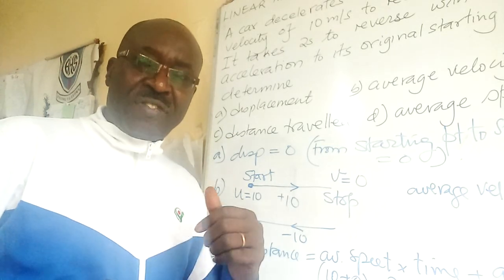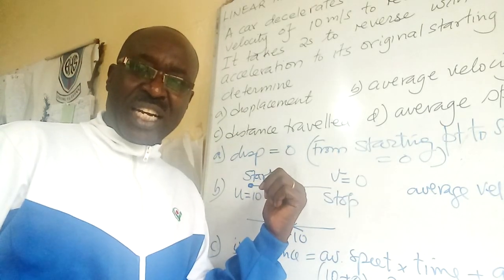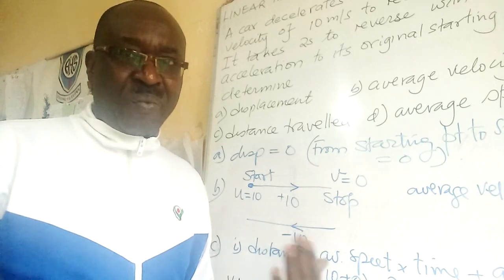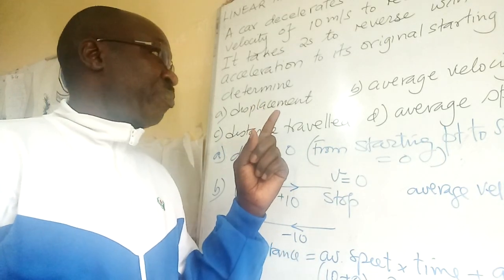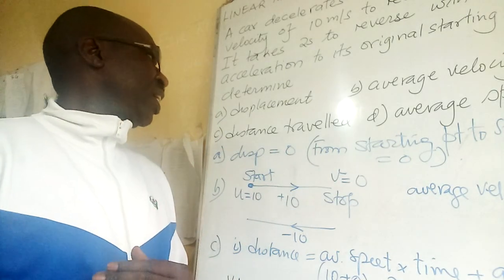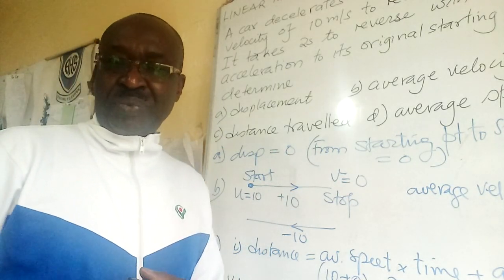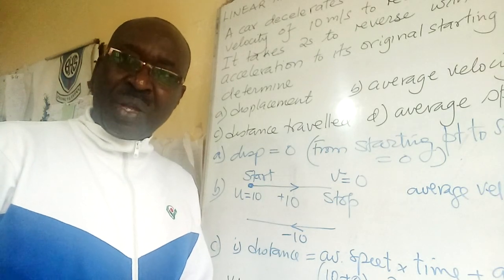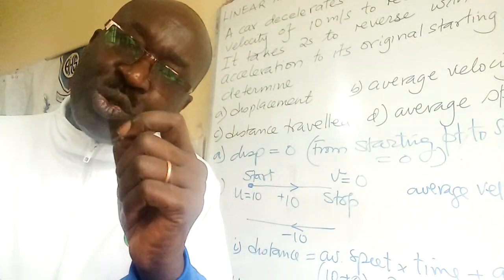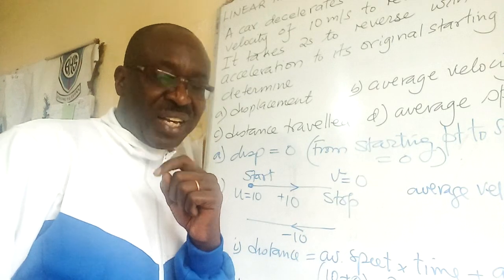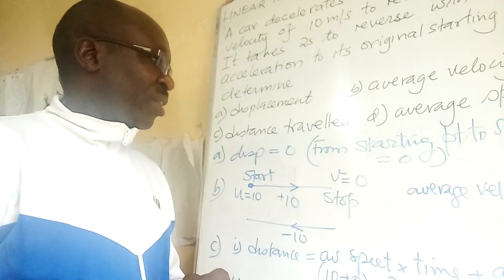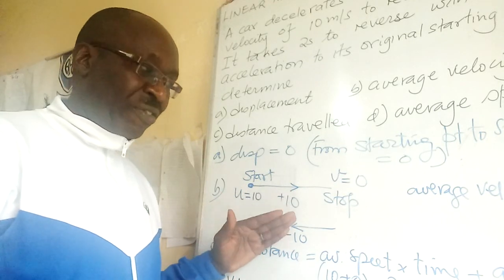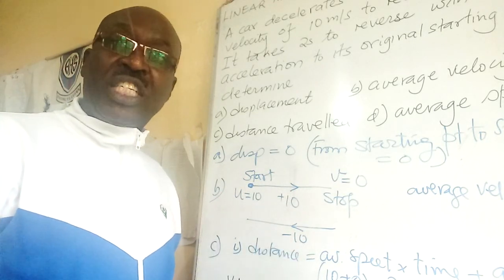If going left is negative, then going right is positive, and vice versa. That was the test in B. In C, distance traveled. Distance is speed times time, but you use average speed. That was the trick. You can do it using the formula or the velocity-time graph.